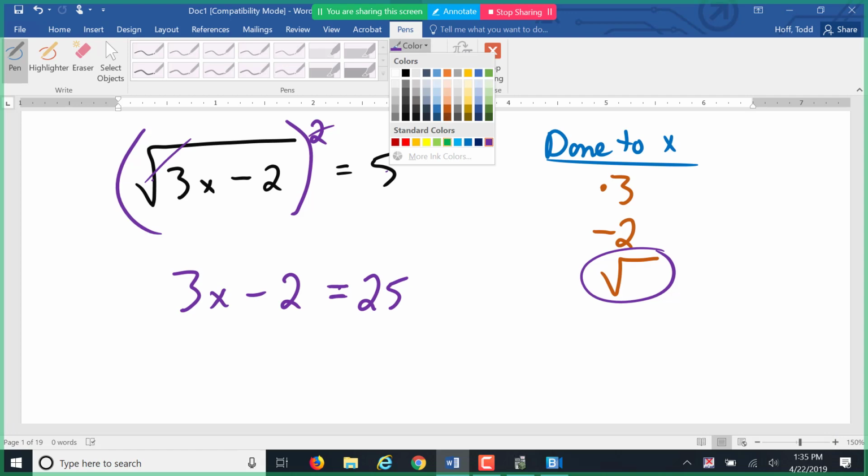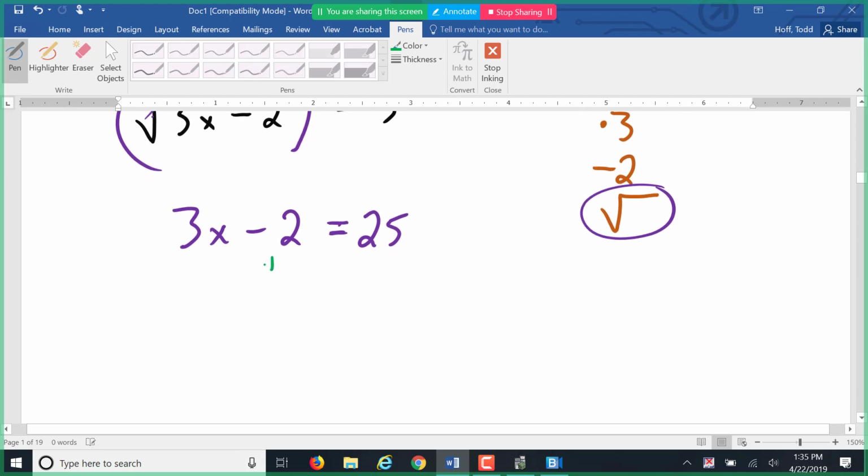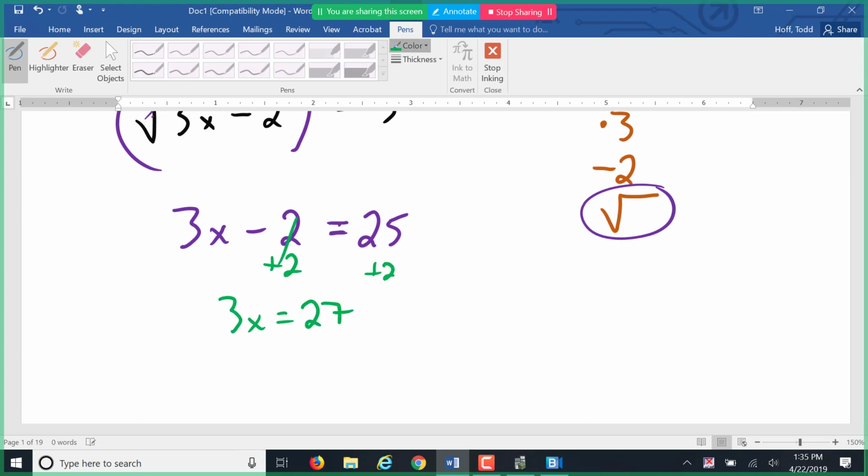And now we just go from there. To solve that, we would start by adding 2. 3x equals 27, and then divide by 3. X equals 9.